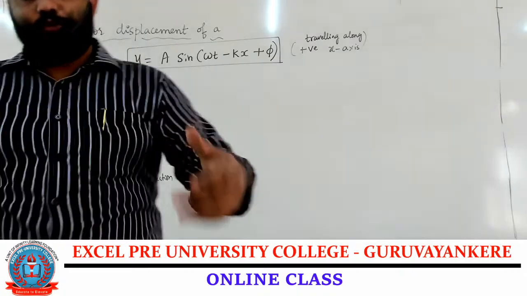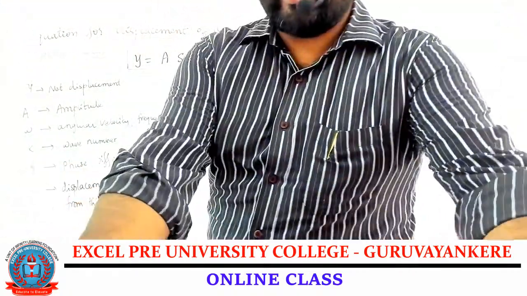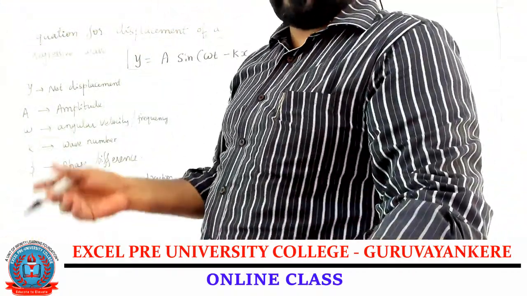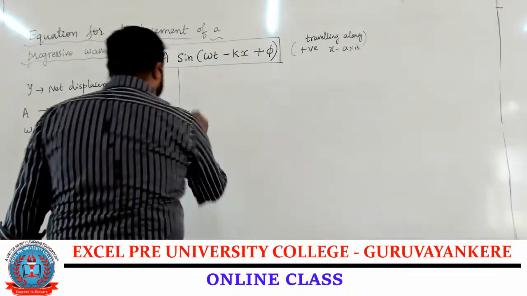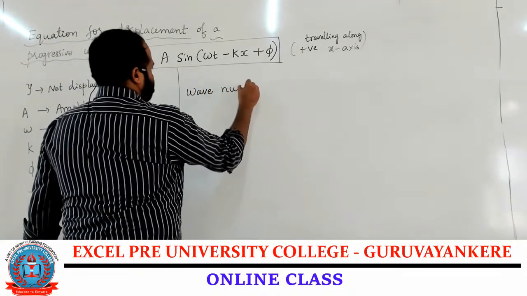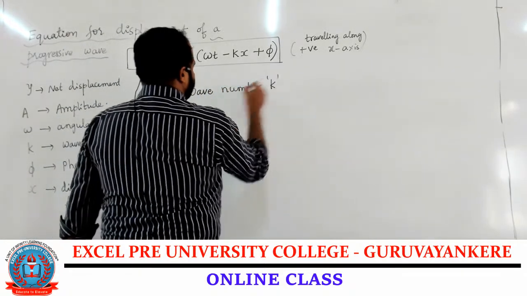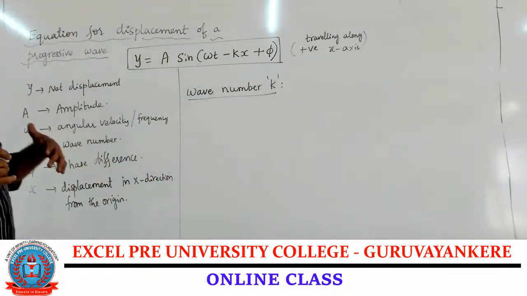Now this can have different forms also. Before going to the different forms of this, I will define what is wave number. Wave number k is the number of waves passing.